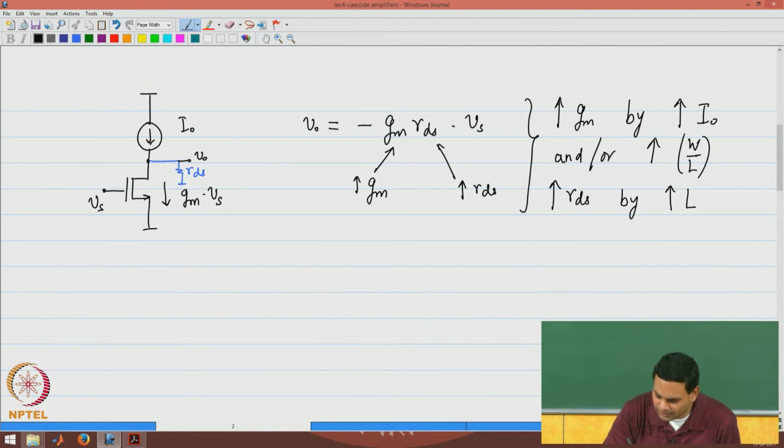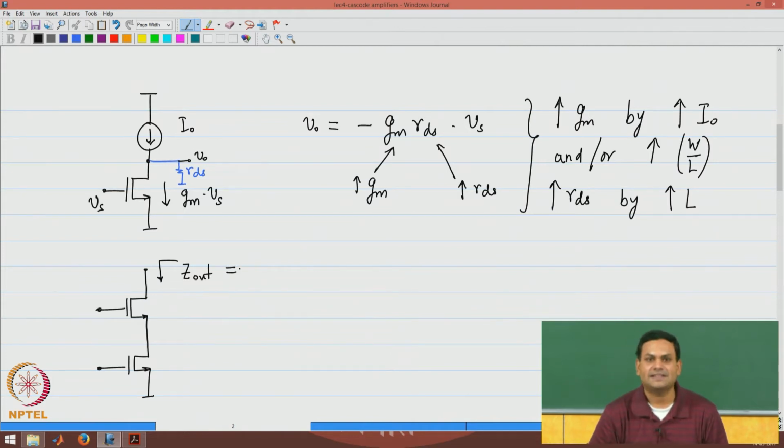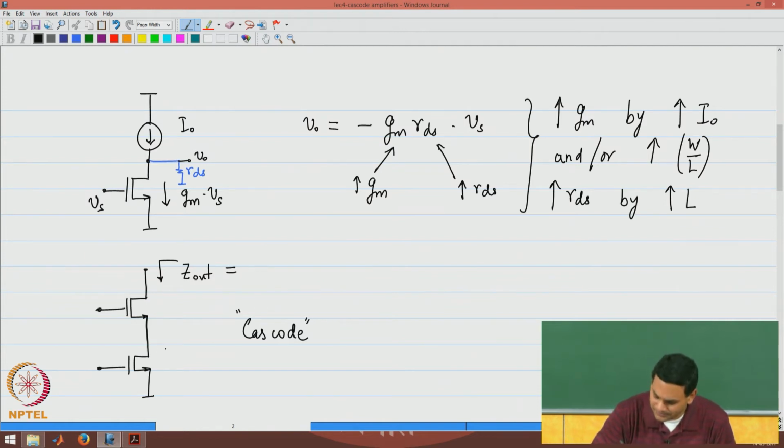In other words, if you look at the output resistance of this circuit, this is called a cascode connection as we have seen before. Let me call these devices M1 and M2.